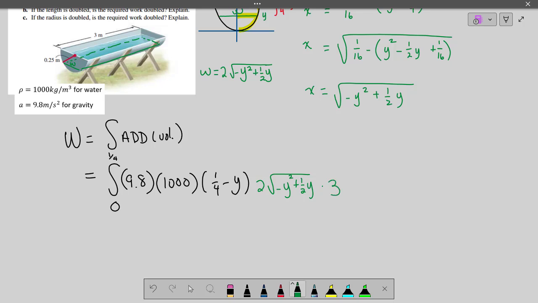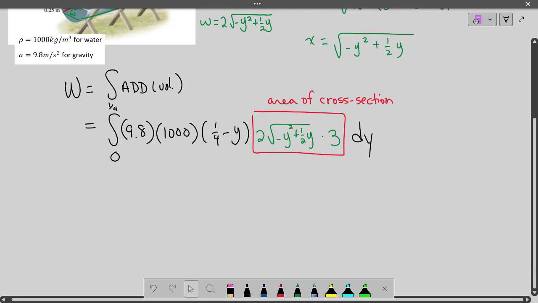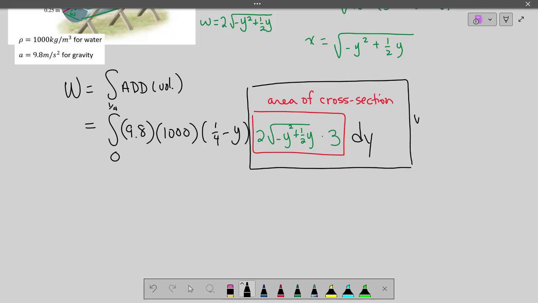This is the area of the cross section at y. So that is the area. And then how do we get thickness? dy. This whole thing, if we include the dy, is now volume of slice. So area of cross-section multiplied by thickness, dy, gives us volume of a representative slice.